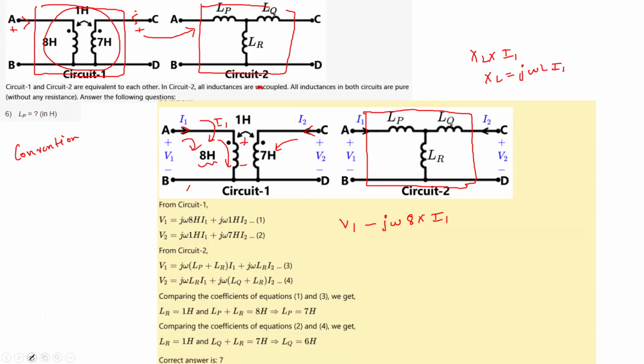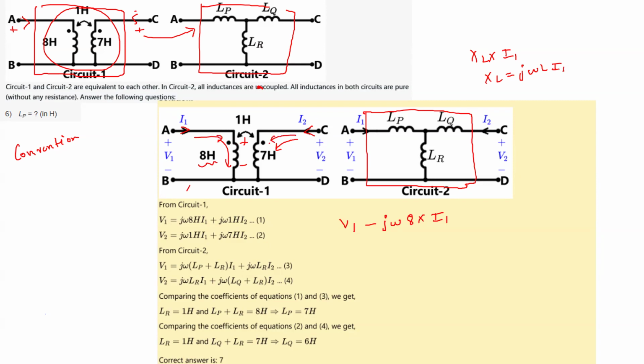You will see that even though I2 is not flowing directly here, due to this mutual coupling, this effect will come. Now, how will this effect come? You see that in both the dots, the current is entering.